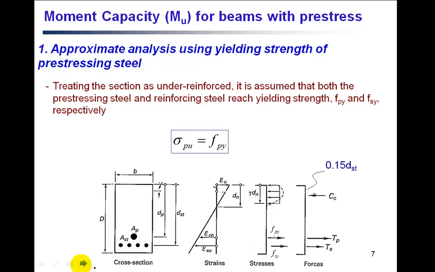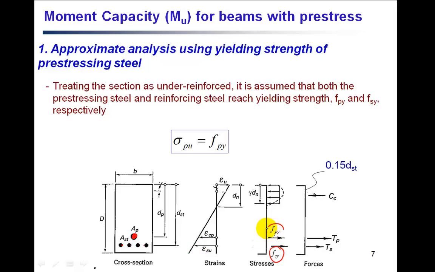For the approximate method, as I said before, we are assuming that the pre-stressing wire is also yielding along with the reinforcing wire. That is the assumption we are making. The stress in the reinforcing steel is of course Fsy, which is equal to 500 megapascal, and we are also assuming that the pre-stressing wire is yielding.